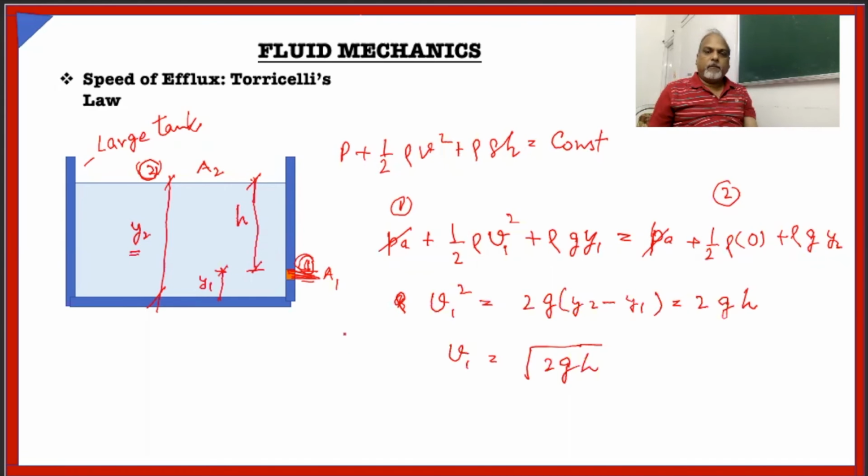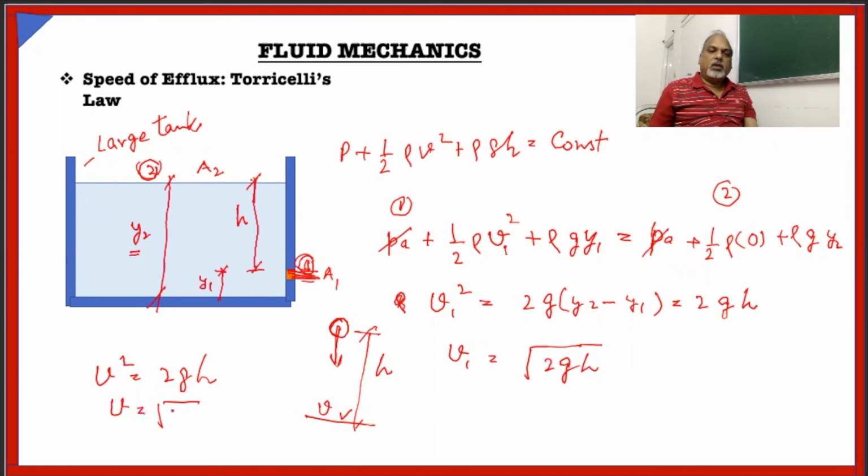Suppose you have a ball and it is freely falling towards the ground, and suppose the height is h, then what will be the velocity? When it reaches the ground, suppose V is here, it will be nothing but V equals root 2gh.